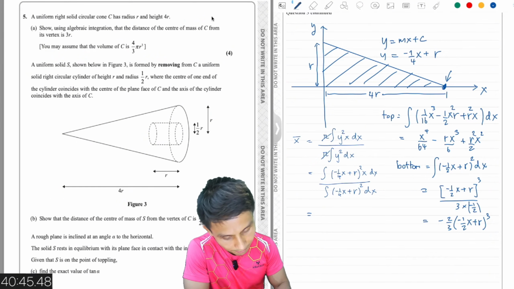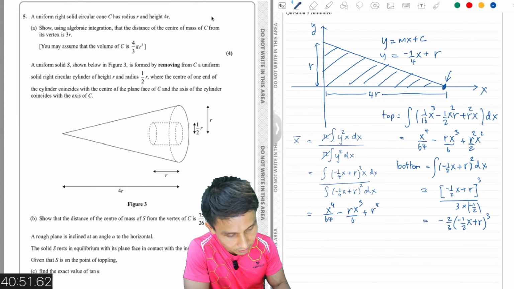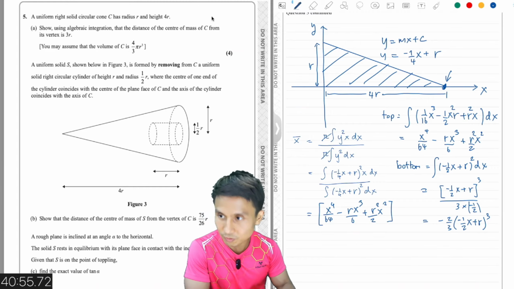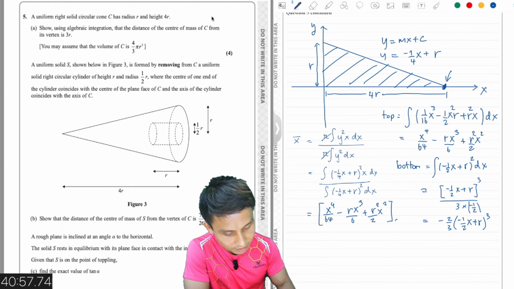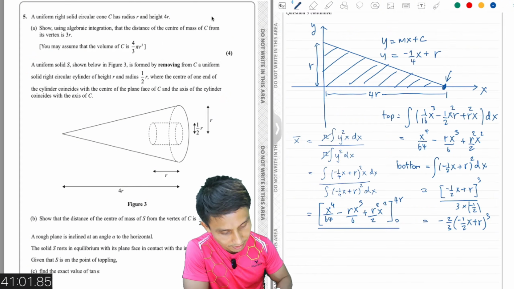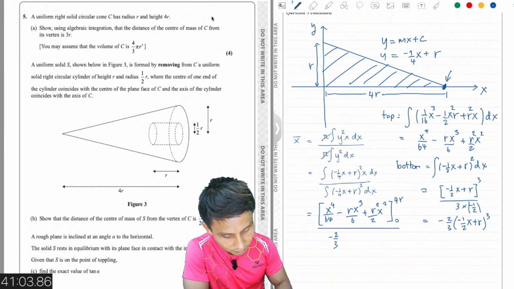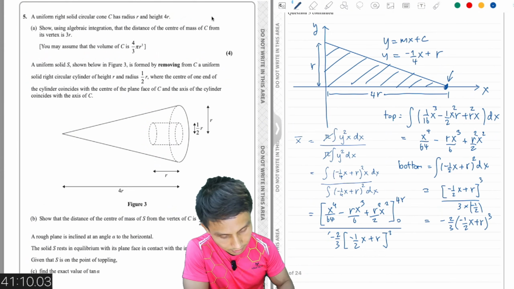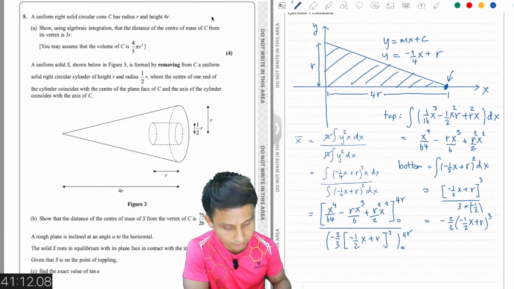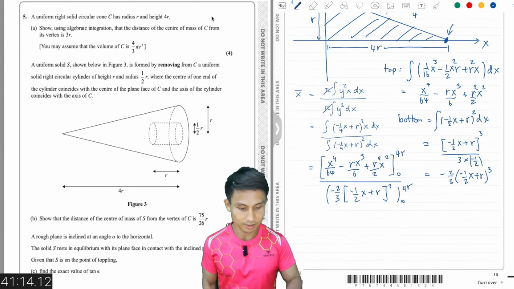Okay, so x to the 4 over 64 minus r x to the 3 over 6 plus r squared x squared over 2. The bounds are separate, right? So you apply them separately, 0 to 4r, all divided by this, and then that, 0 to 4r. Okay, so that's the work there.